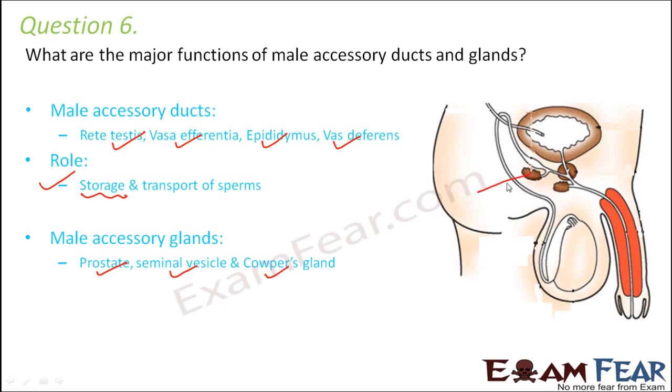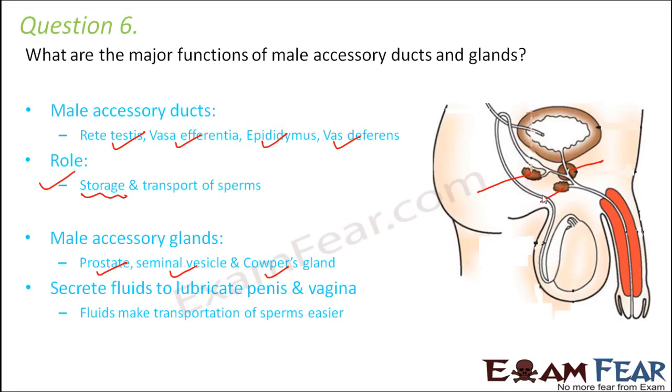All these glands give their secretions, and those secretions make the fluid easier to move, and as a result it helps in the transportation of sperms. Also these fluids help to lubricate the penis and the vagina so that sexual intercourse becomes easier.